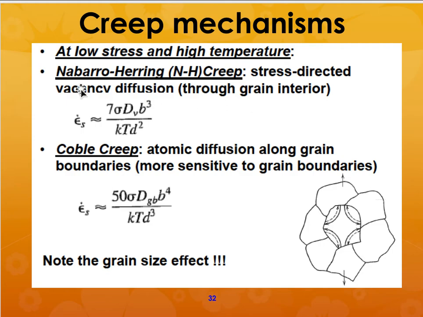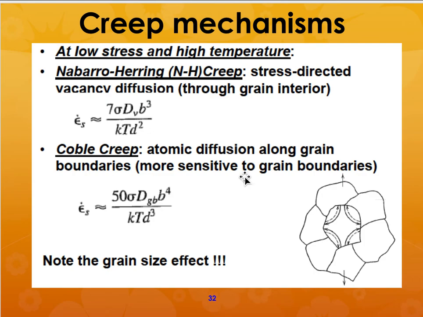In that case, the steady state creep rate is given by this kind of a relationship. You can also have what is called the Coble creep. Again, these are all different ways of representing the creep process. So don't get too caught up in the names, but these are the two creep mechanisms that are active at different temperature ranges.